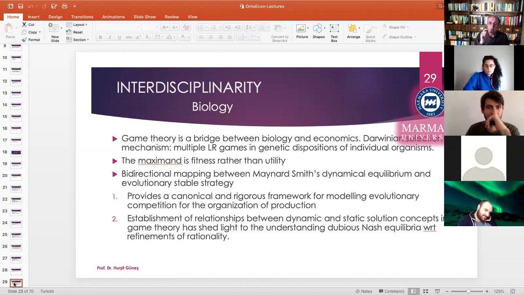So these concepts provide us a new understanding of the organization of production in competitive markets. One, it provides us the understanding of dynamic and static solution differences provided by game theory, or understanding dubious Nash equilibria with respect to refinements of rationality.